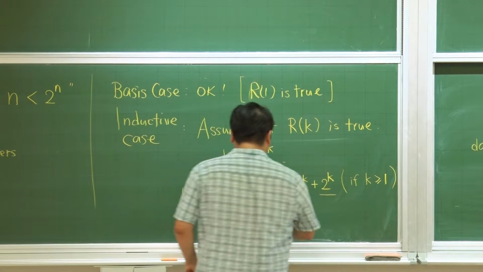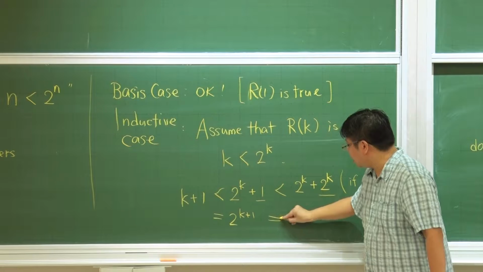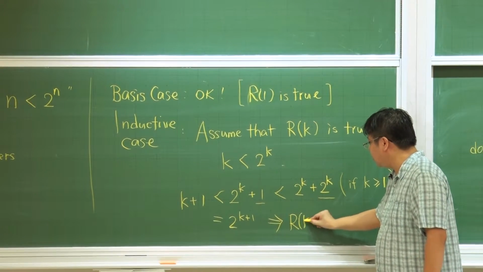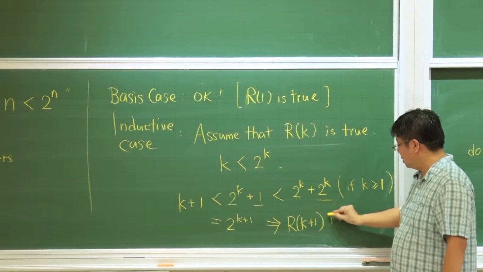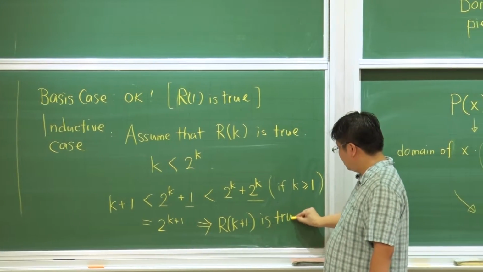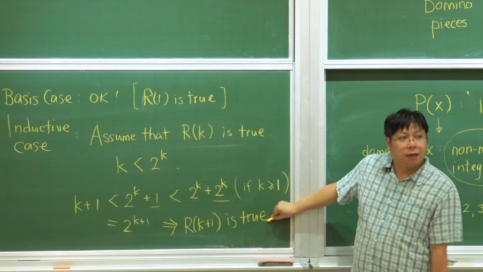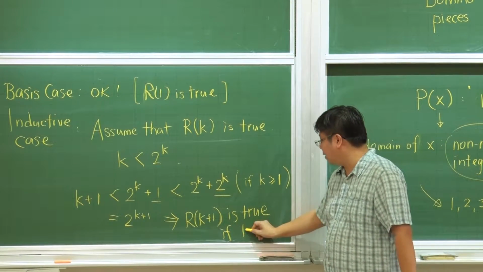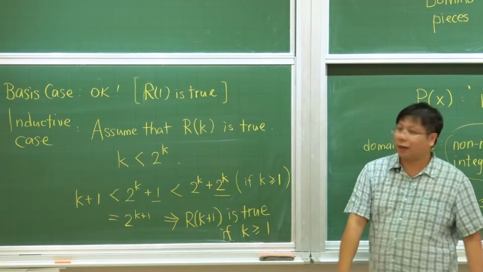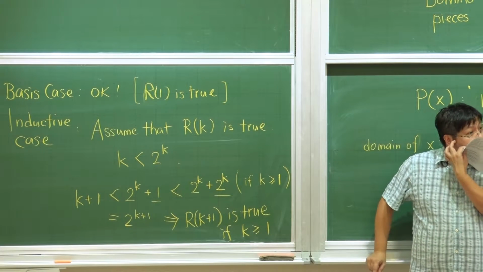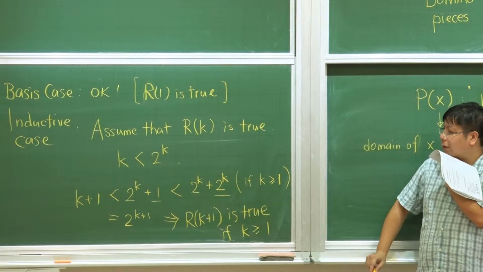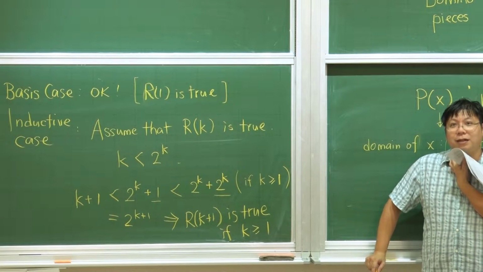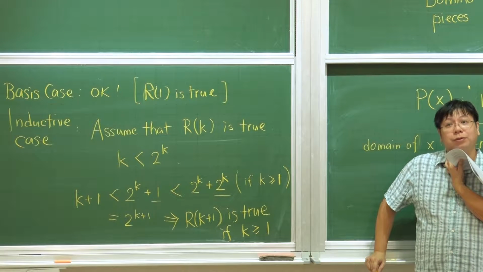So the conclusion is that R(k+1) is true if k is greater than or equal to 1. We cannot simply say R(k+1) is true. We need to say if k is greater than or equal to 1, then R(k+1) is true.